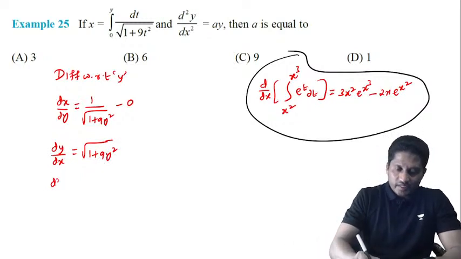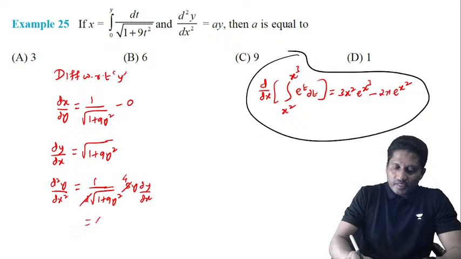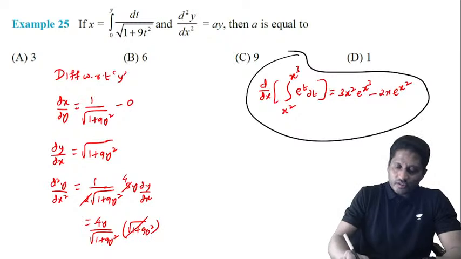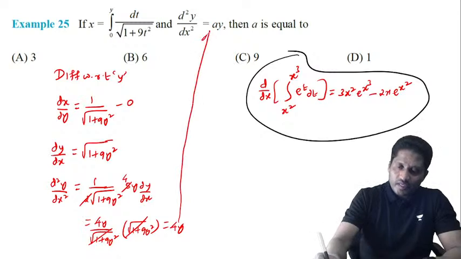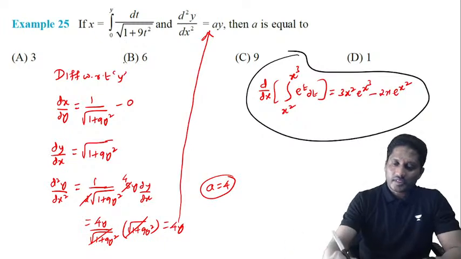Now if I differentiate once again, d square y by dx square is equal to 1 by 2 into root of 1 plus 9y square, times the differentiation of 9y square, which is 18y into dy by dx. This will cancel, and you get 4y upon root of 1 plus 9y square, and then dy by dx is root of 1 plus 9y square. This will cancel, you will get 4y. So if you compare this with ay, the value of a is equal to 4. Isn't it, guys?